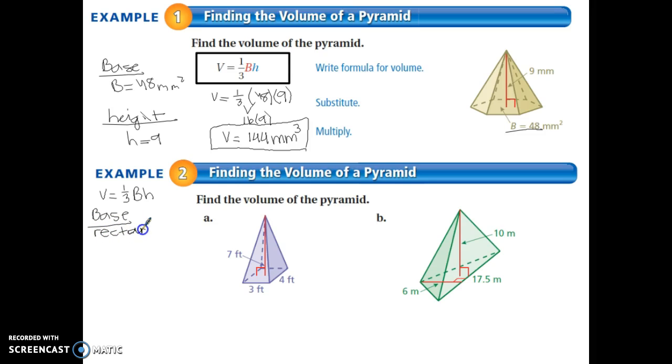So that means that B, capital B, is going to equal length times width. The area of a rectangle can be found by length times width. So this rectangle on the ground of my pyramid has a length of 3 and a width of 4. So my capital B, my base, is equal to 3 times 4, which is 12.